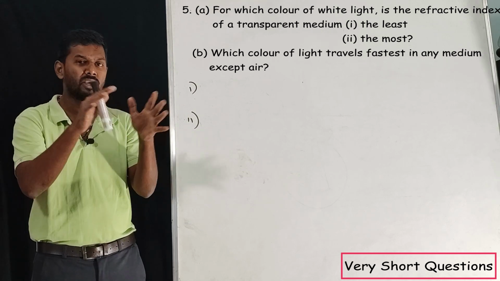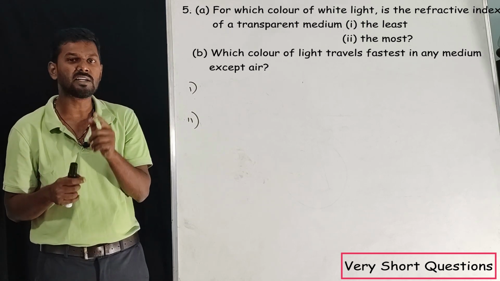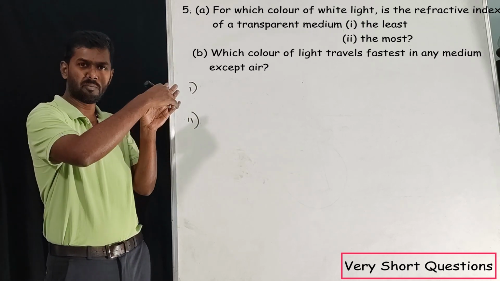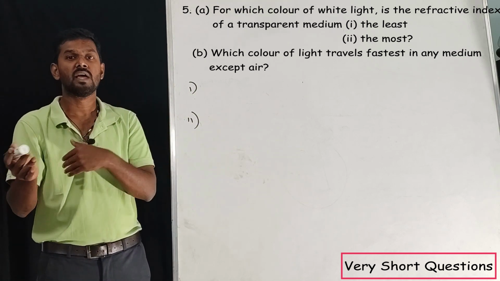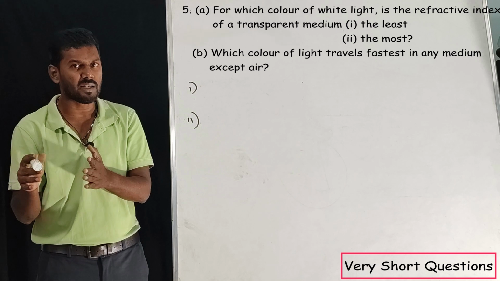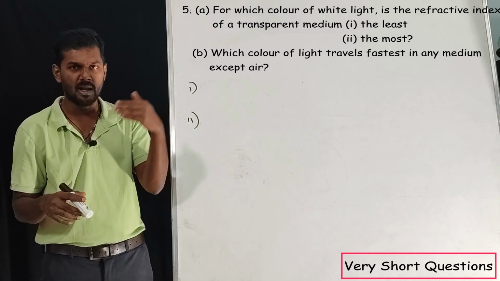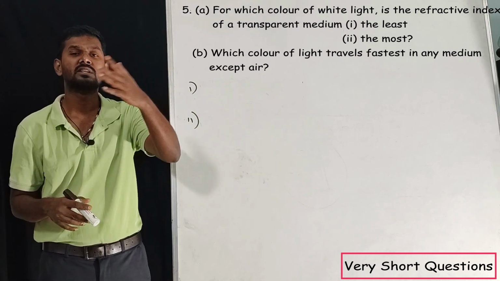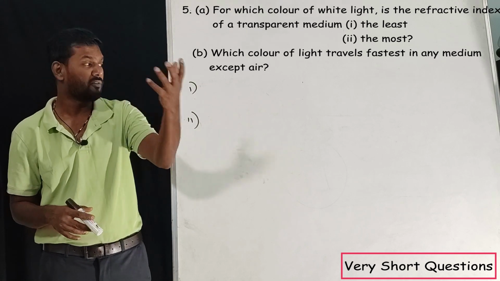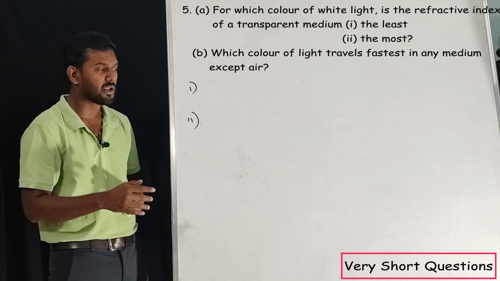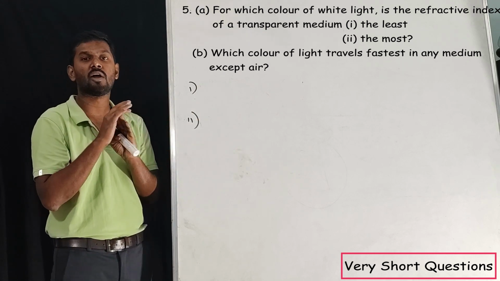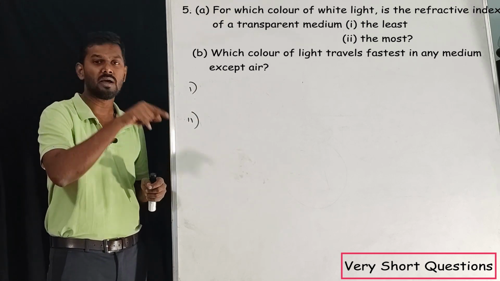Always we talk about white light, that's why we always consider the refractive index of the medium constant. But whenever the color changes, if we are not talking about white, normal light, the refractive index of the medium also changes. This is very important, keep that in mind. Refractive index of the medium will not be constant, it depends upon color also.